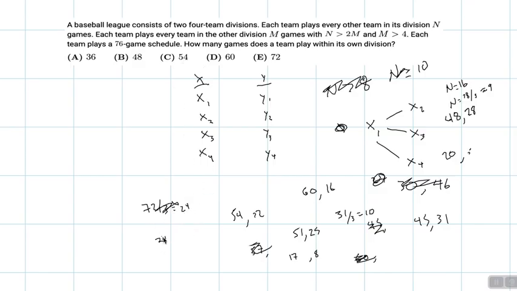So with 60, no, the 72 doesn't work, but with 60, if each team plays 20, 20, 20, yeah, no, it's 60, and then it is 16. But if it's 72 games, then the team has to play 4 games.